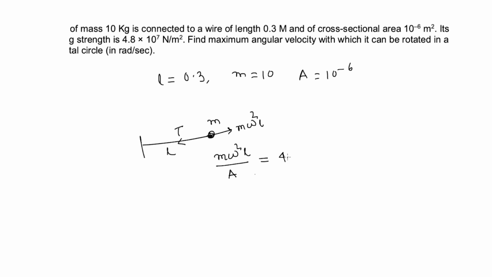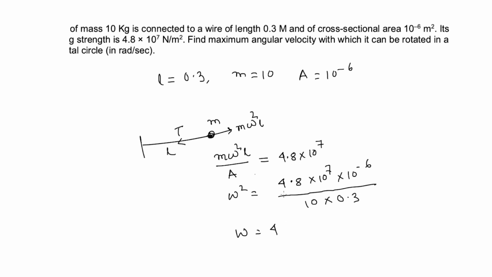It is 4.8 into 10 power 7. So what is the value of omega square? I can find it: 4.8 into 10 power 7 into area 10 power minus 6, divide it by m into L, 0.3. If you solve, we will find omega to be 4 radian per second. That will be the answer of that question.